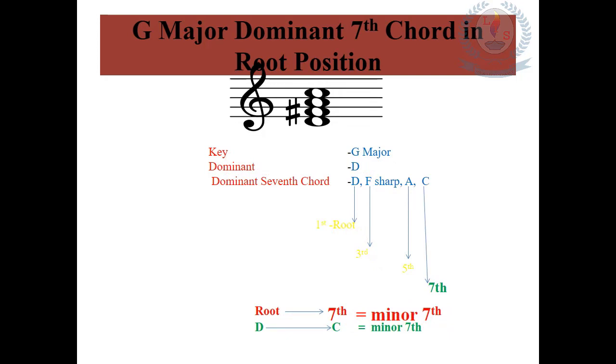G major dominant seventh chord in root position. Dominant D, dominant seventh chord D, F sharp, A, C. Root to the seventh note, the interval is a minor seventh.